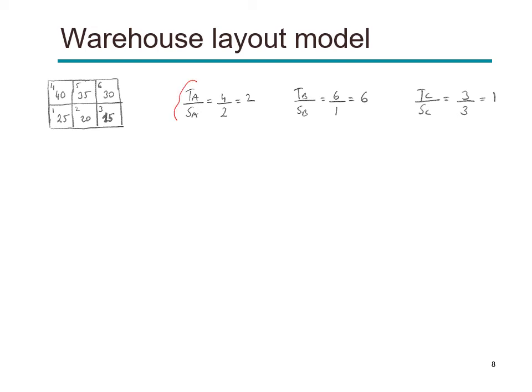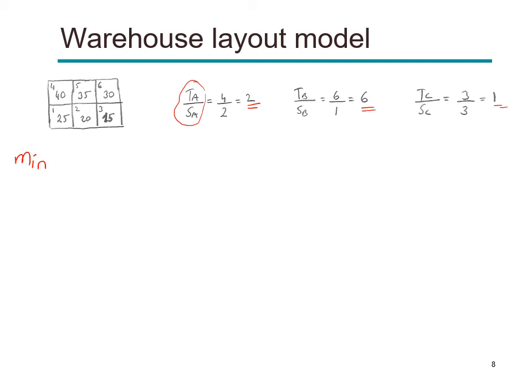So we need to calculate Ta divided by Sa, which is 2, Tb divided by Sb, which is 6, and Tc divided by Sc, which is 1. Now using all these, let's try to write our objective function in open form so we can understand it easily.